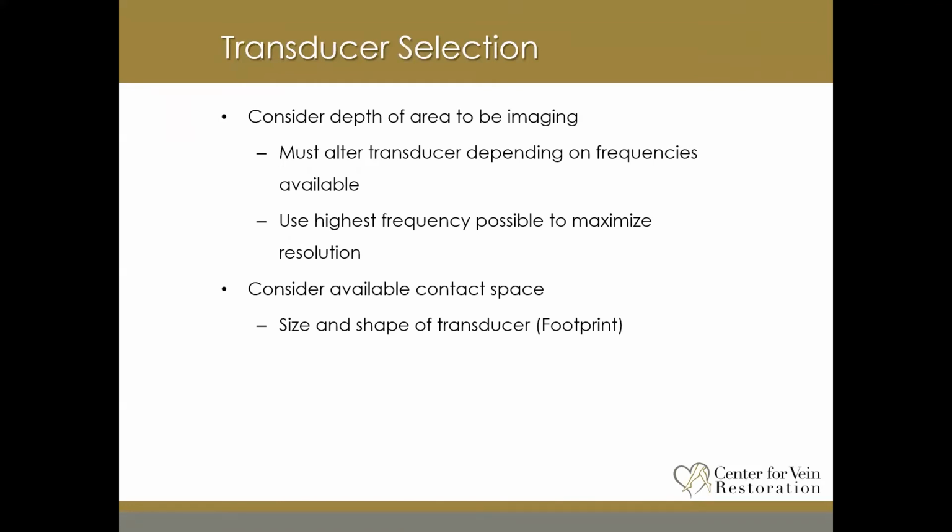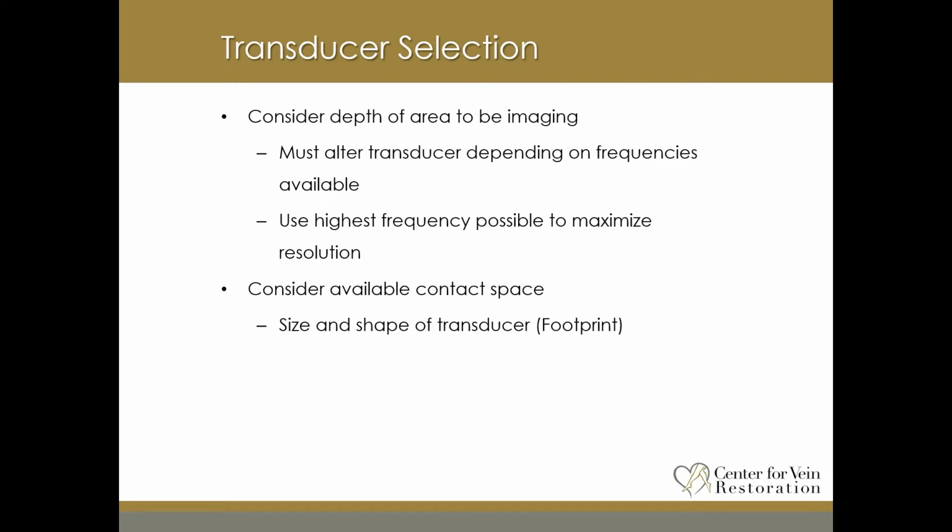When performing a diagnostic ultrasound study, the transducer you use will dictate the type of study that you have to do. If we were doing a carotid evaluation, we would pick a transducer with a mid to high frequency range.